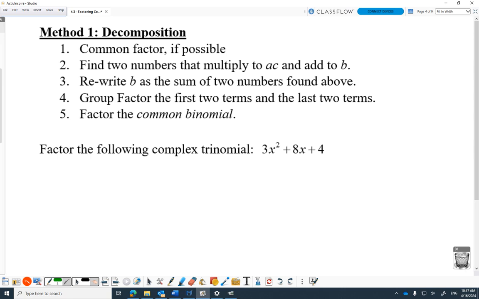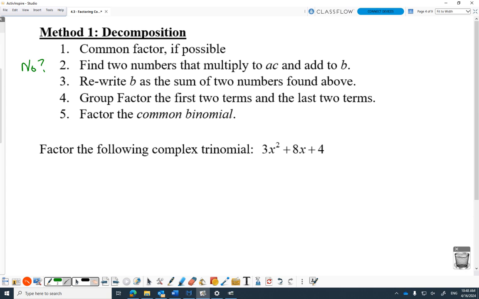Always try first to save yourself a lot of trouble by finding the common factor first. If not, no common factor? This will sound mysterious. It's okay, I'm going to explain it all. Find two numbers that multiply to AC and add to B. Rewrite B as the sum of the two numbers found above.